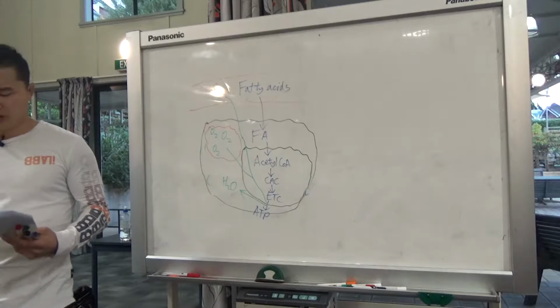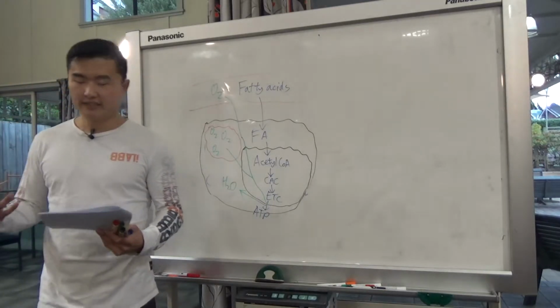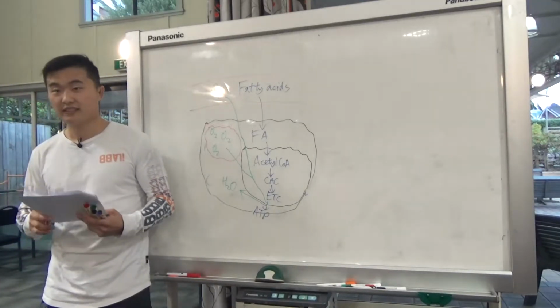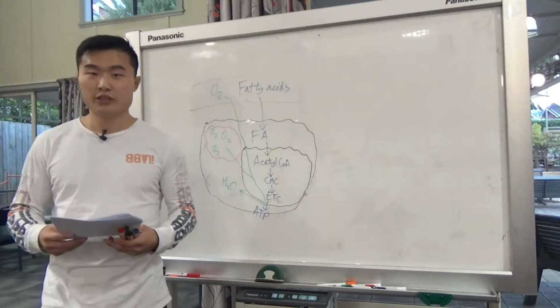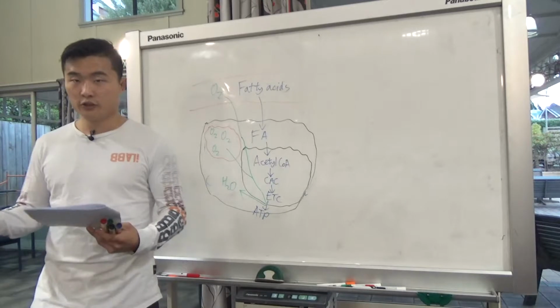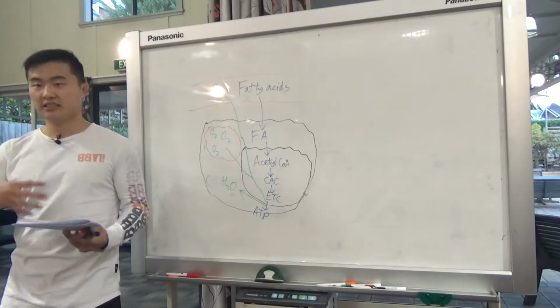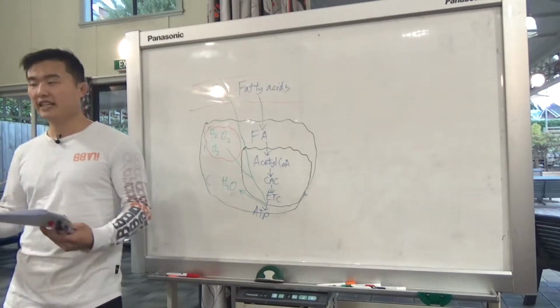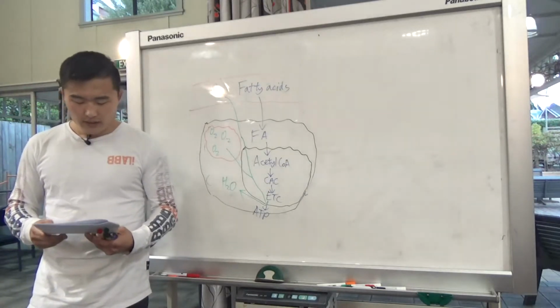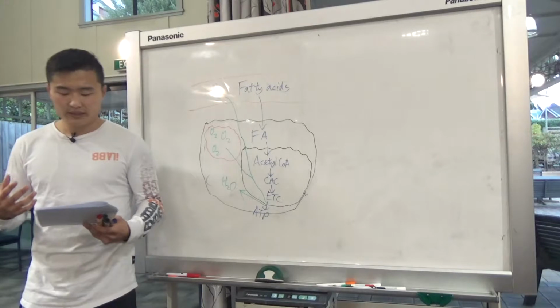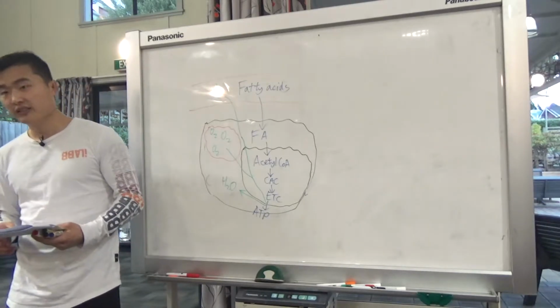So why would you want to prevent the release of fatty acids into the bloodstream? Yeah, exactly. You've got a lot of glucose in your blood already, so you want the cells to use glucose for energy, not fatty acids. So you don't want to be breaking down more fat. And it's also going to inhibit gluconeogenesis.